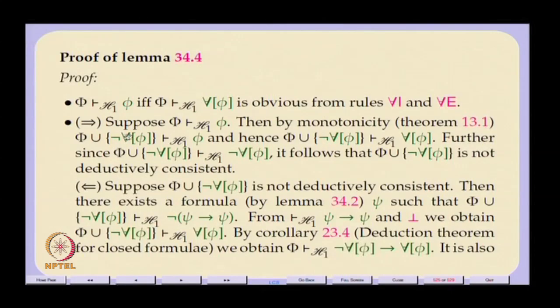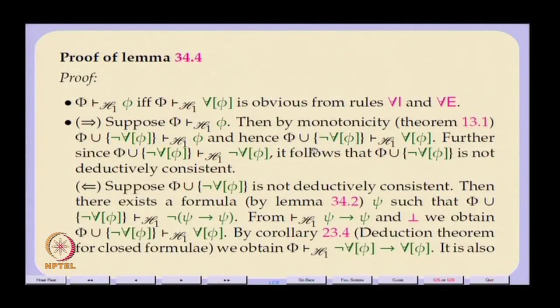So, let us assume that you can prove phi from capital Phi. Then by monotonicity, adding extra assumptions does not destroy that proof. Even if you added contradictory assumptions, it does not matter. So, let us add not of for all phi, and I can still prove phi from the same proof, by monotonicity.